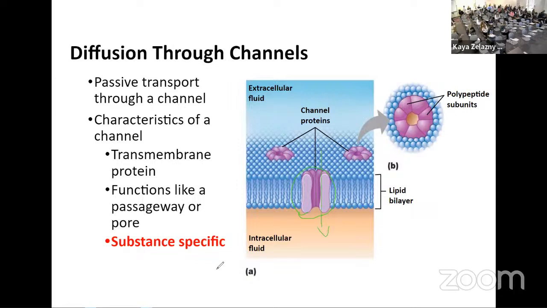It will be substance specific as well. We will have sodium channels, potassium channels, and so on and so forth. For passive transport, an open sodium channel would let sodium follow its electrochemical driving force through that channel.